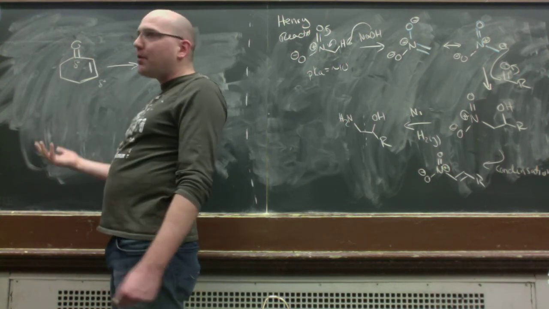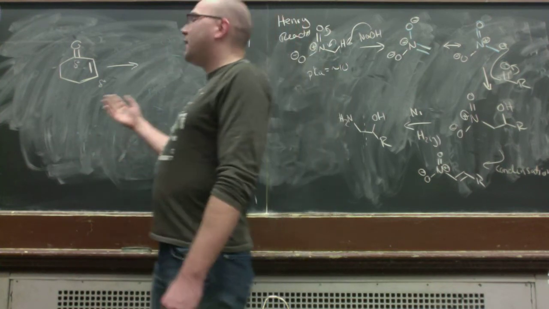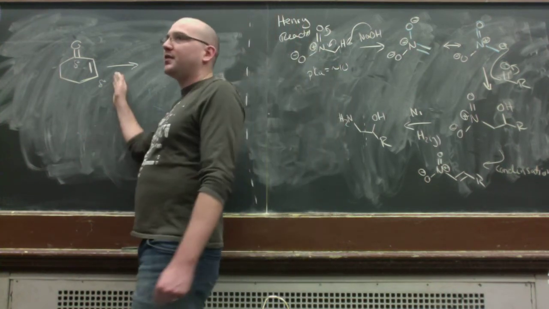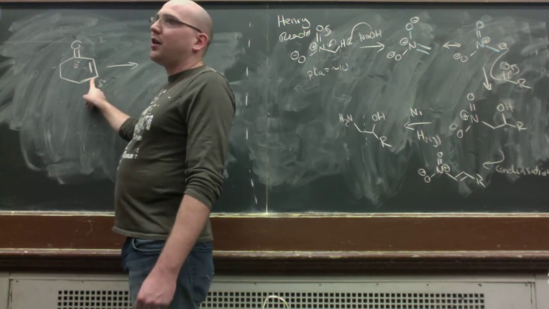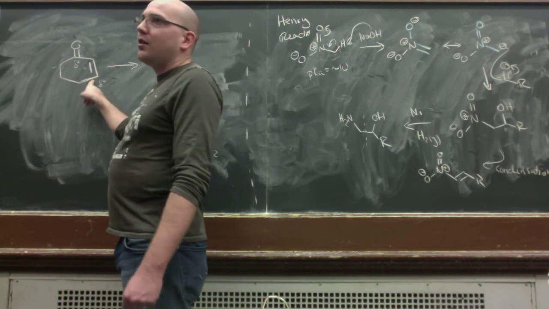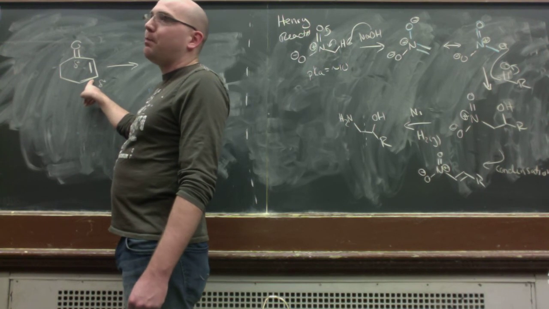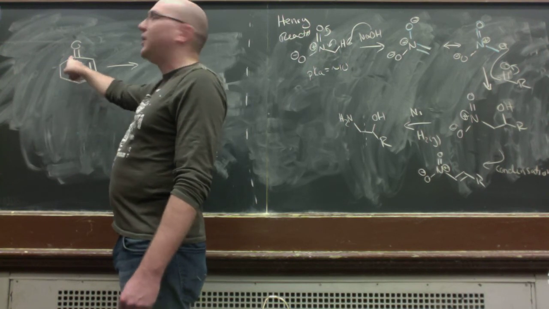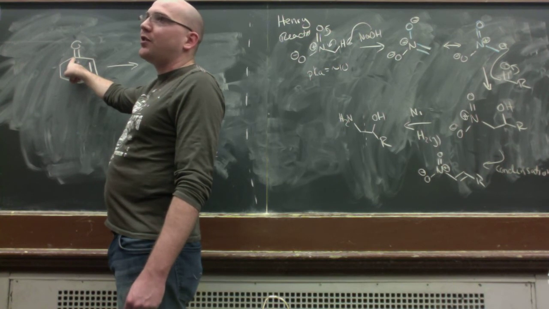And it just so happens, for reasons that are beyond the scope of this course, that the LUMO in this system is at this position here. And so in general, anytime you treat this with a nucleophile, it's going to add here. The difference is that when you have charged nucleophiles, because the biggest buildup of positive charge is here, when you have electrostatic interactions, it can actually drive it to go the other way.